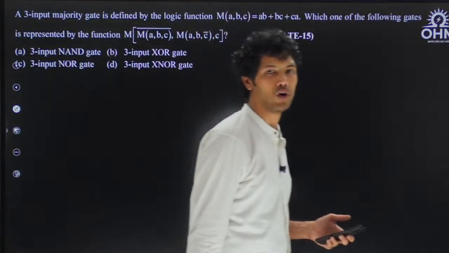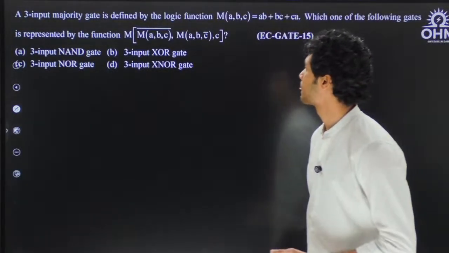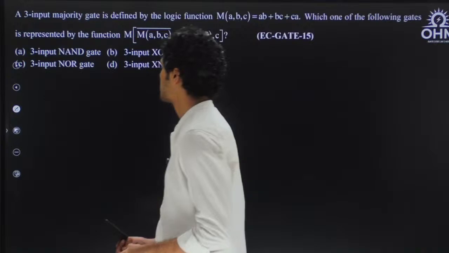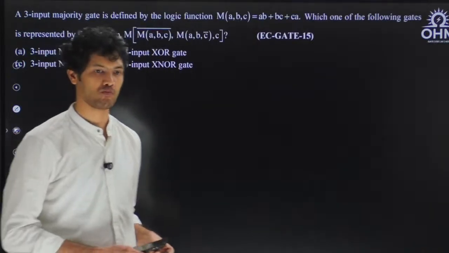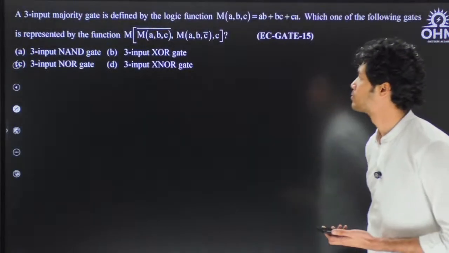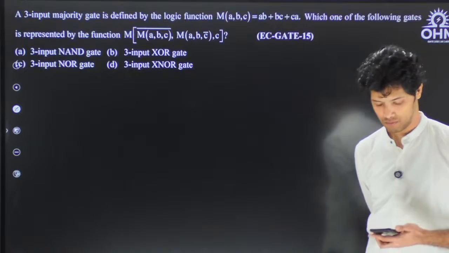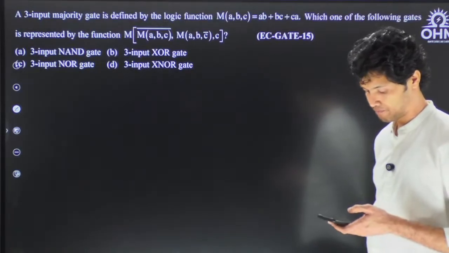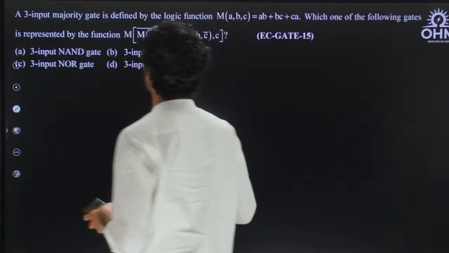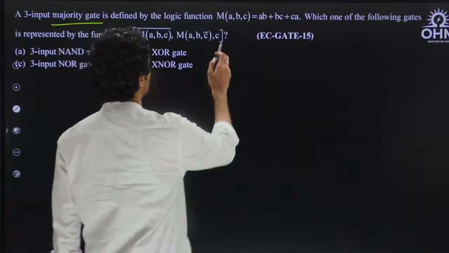There are many ways of solving this question, but I will show you the simplest way. Try to solve this question. So here we have a majority gate, defined by this equation.